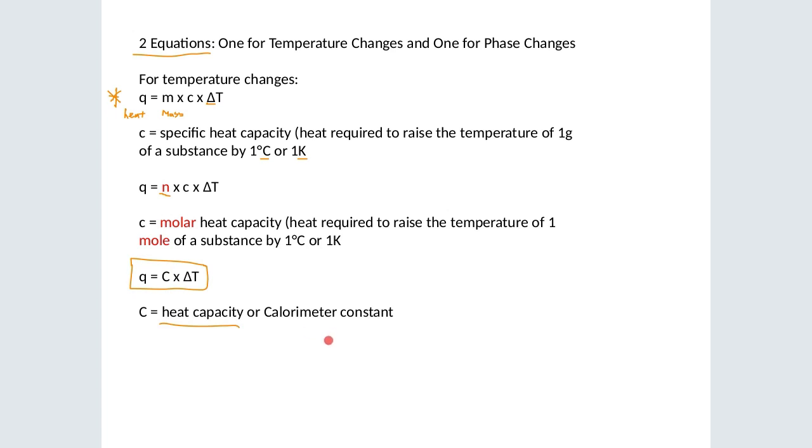Or if you're doing a problem where a substance is burned in a calorimeter, those are quite common, big C is your calorimeter constant. So you'll see a problem give you what C is, or if you're told the heat and the change in temperature, you calculate C. So big C is heat capacity, little c is specific heat capacity.